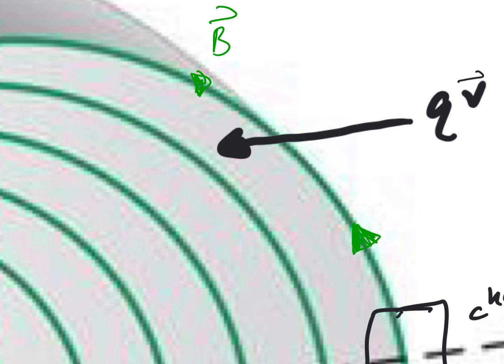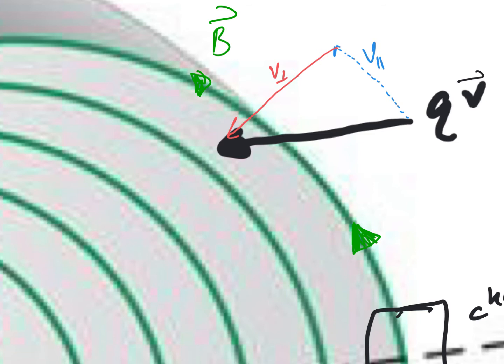One of these components is parallel to the magnetic field, and the other part is the velocity that is perpendicular to the magnetic field. Two components of the black vector.